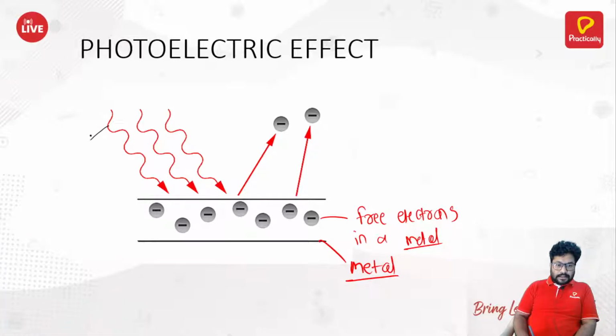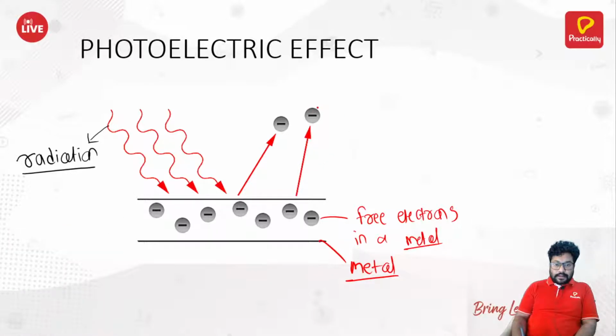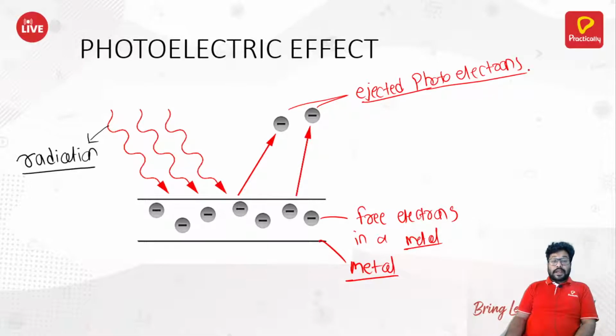This is radiation which is falling on your metal. And these are the ejected photoelectrons. That is what the photoelectric effect is all about.